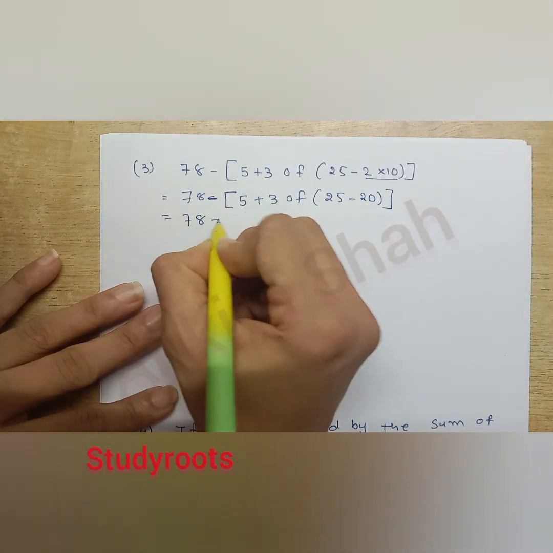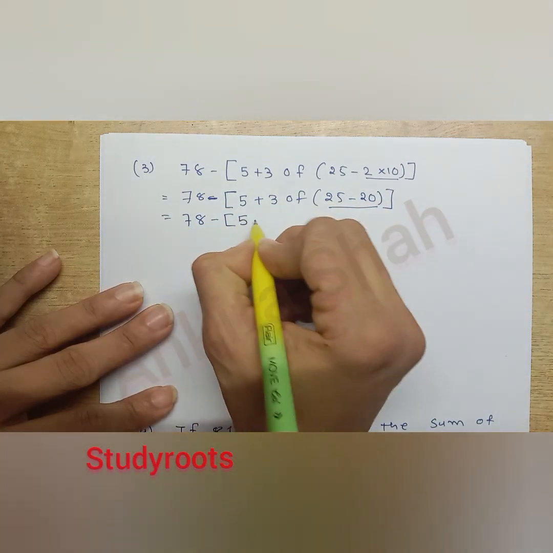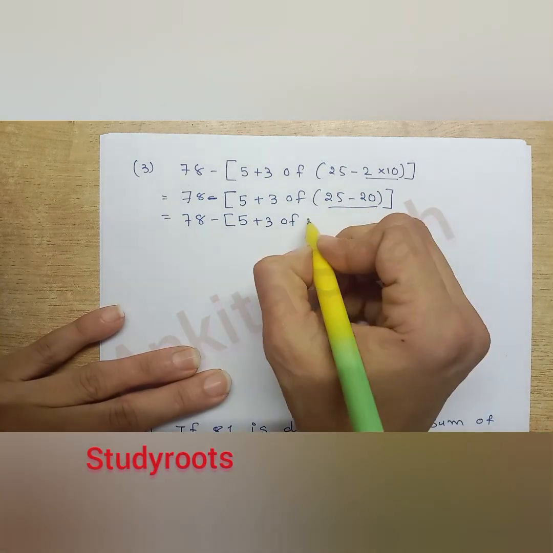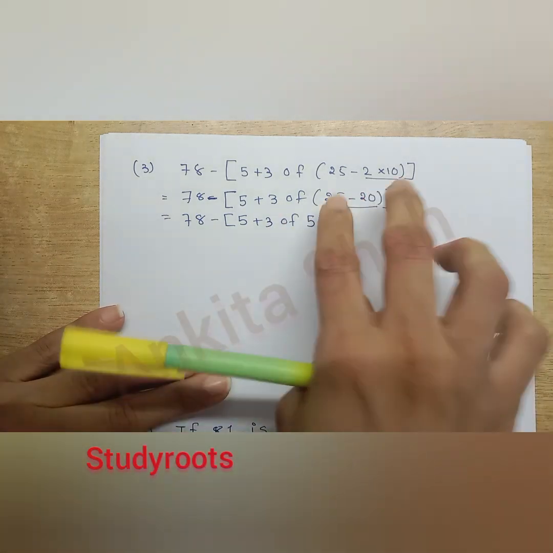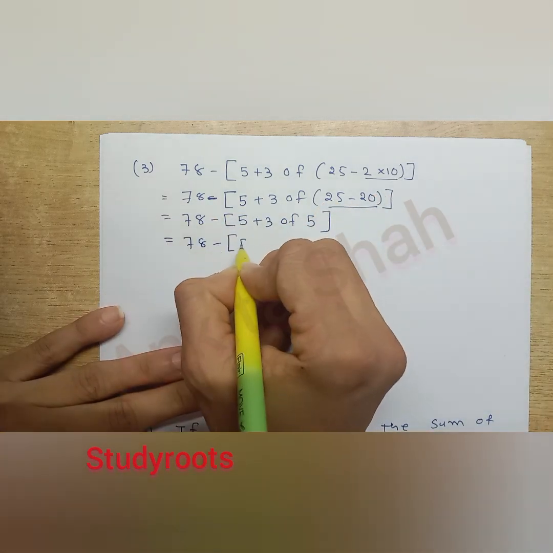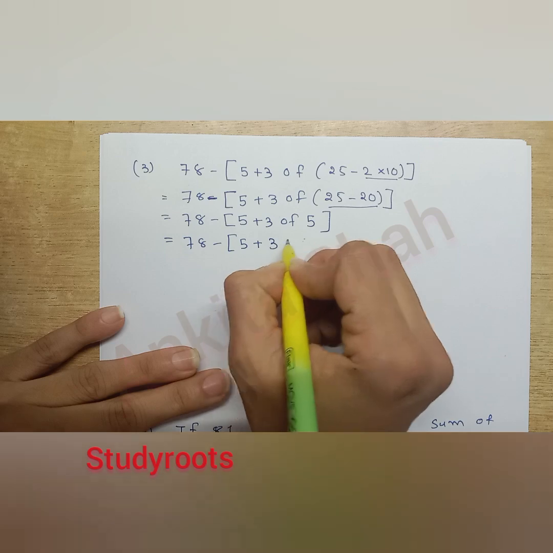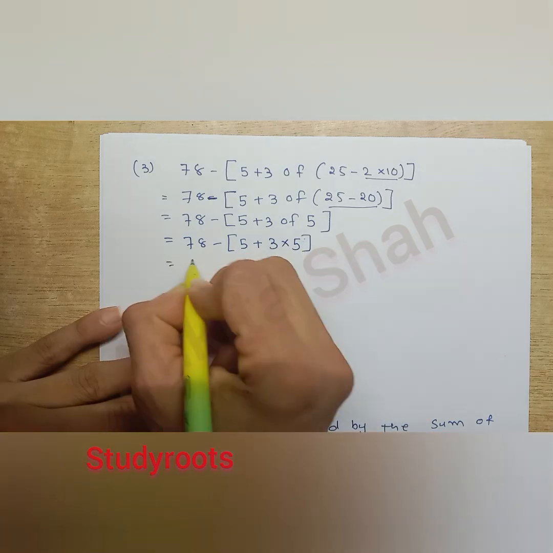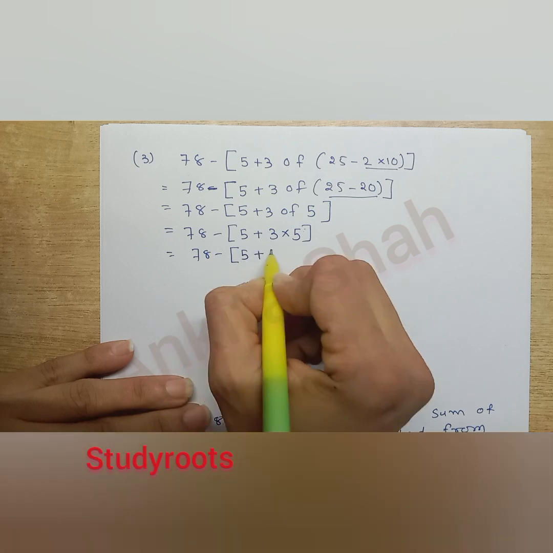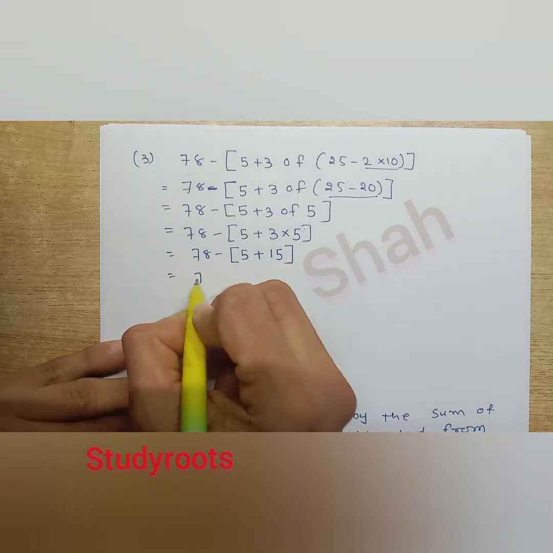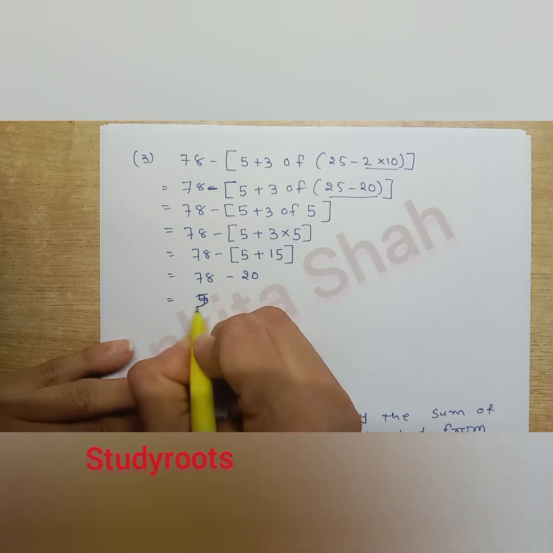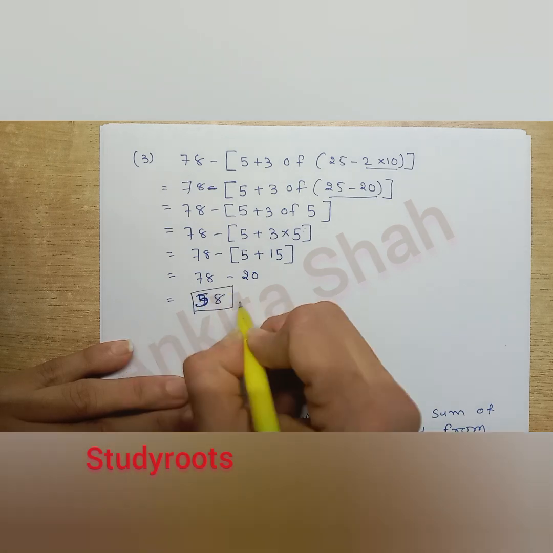Again 78 minus 5 plus 3 of 25 minus 20 is 5. The small brackets we have already solved. Now 78 minus 5 plus of is 3 multiplied by 5, which is 78 minus 5 plus 15. Now 78 minus 20, which is 58, and 58 is the answer.